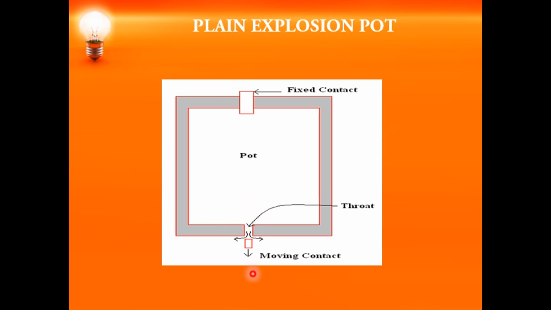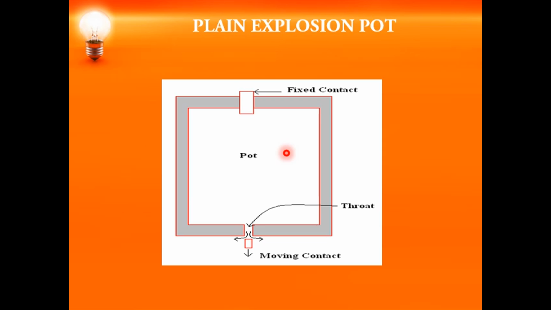Here the moving contacts have started to separate. These two contacts of the circuit breaker will be placed within the pot. The pot is made of insulating material, and that pot is placed inside the tank. This particular type of circuit breaker will have a very high interrupting capacity.